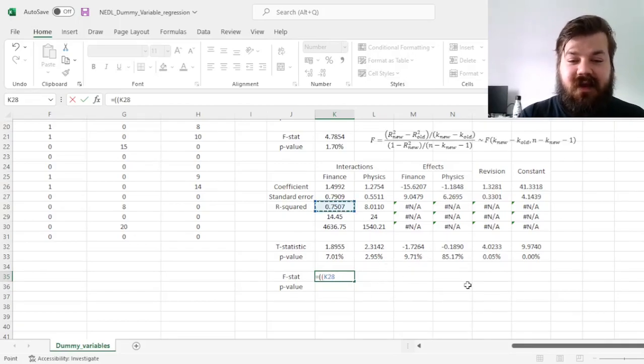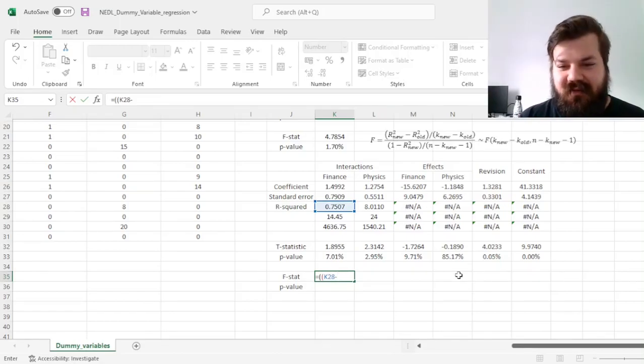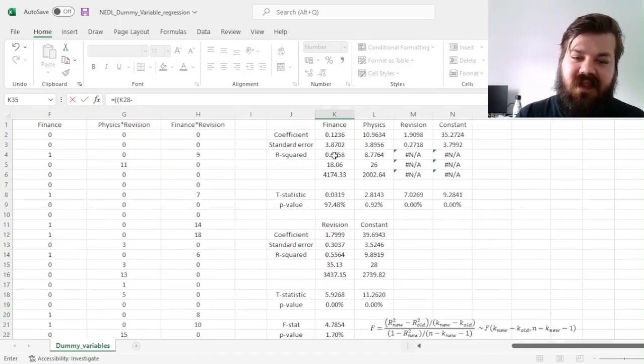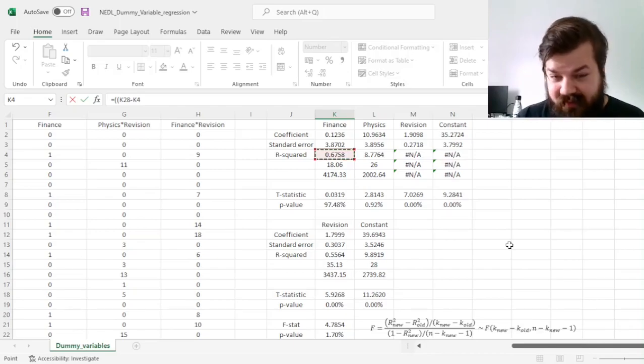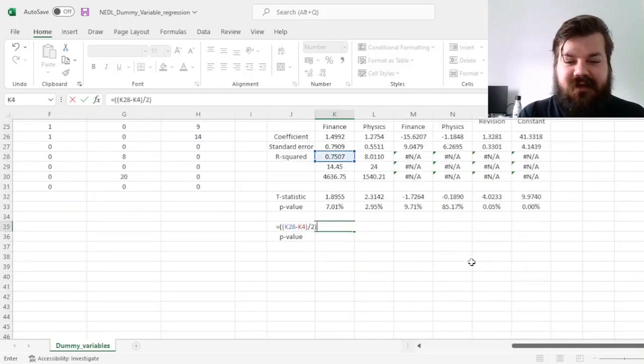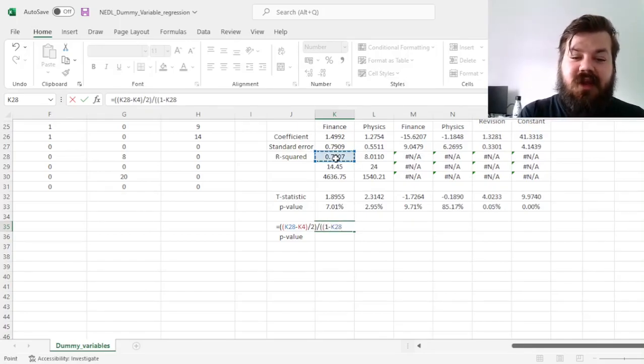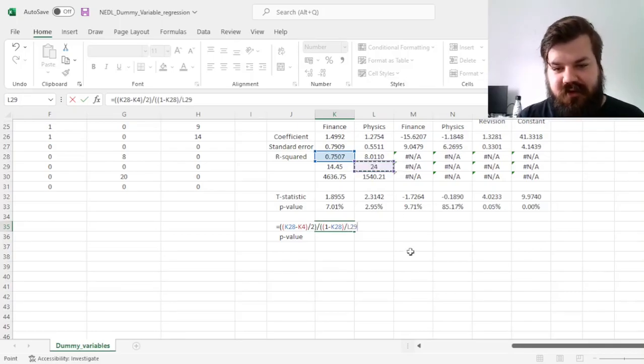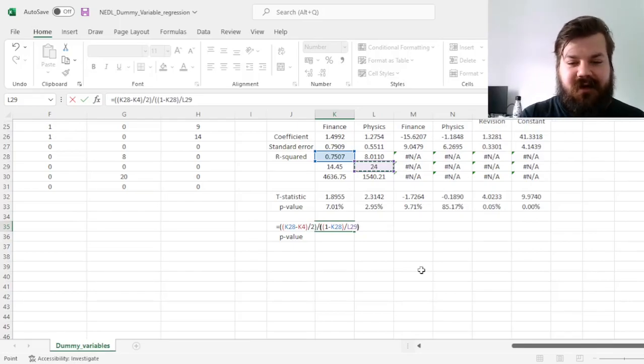In the numerator, we'll have the R squared of the model with interaction terms minus the R squared of the model without interaction terms divided by 2, as we've got 2 interaction terms, divided by 1 minus the R squared of the new expanded unrestricted model divided by the residual degrees of freedom in that model. And again, it's 24 because now we have got 6 coefficients that we impose on 30 observations.